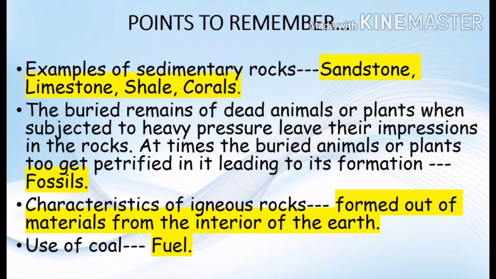The buried remains of dead animals or plants, when subjected to heavy pressure, leave their impressions in the rocks. At times, the buried animals or plants get petrified in it, which results in fossils.